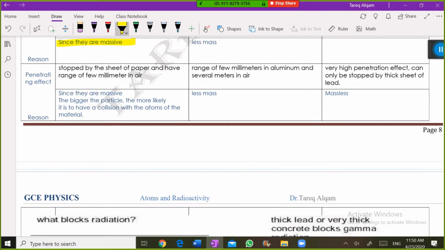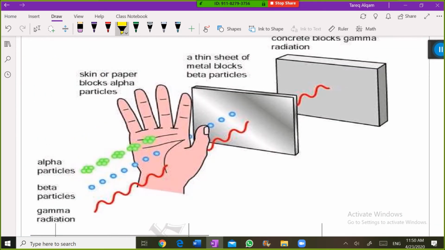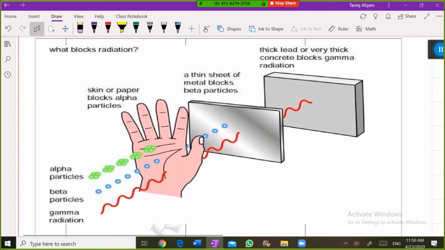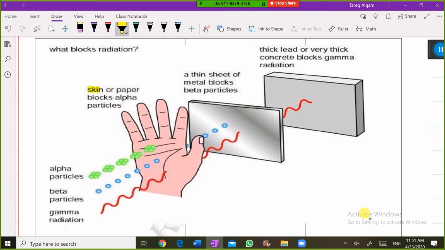I think all of you are familiar with that. Gamma has the highest penetration power because gamma is massless. It can penetrate everything. Alpha is blocked only by our skin or a paper, thick paper, right? It is enough to block alpha.